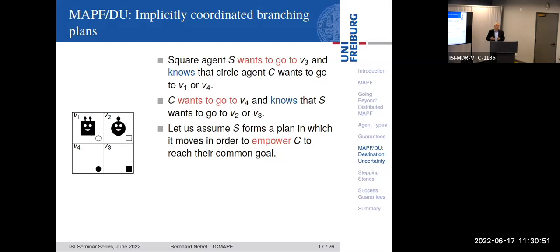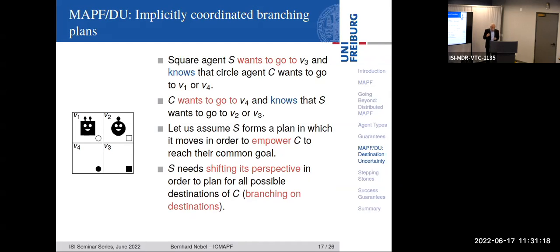Well, they can form plans again, implicit plans, but now these plans are a little bit more complicated. So let's assume S tries to plan to achieve the common goal. It means that he makes moves, and by making these moves, he empowers the other agent to come closer to the goal.